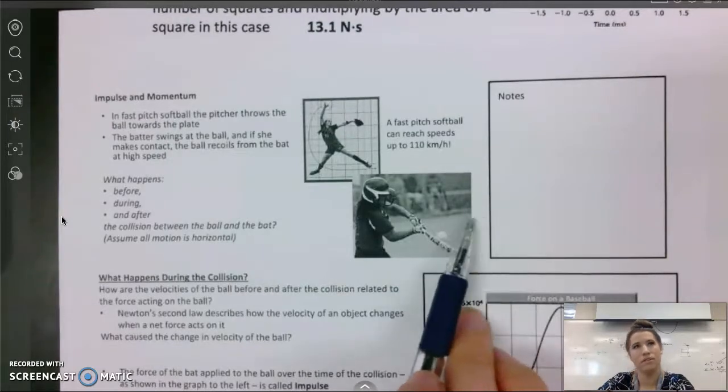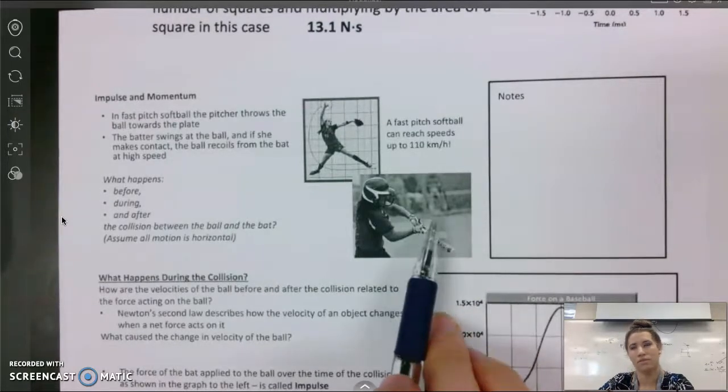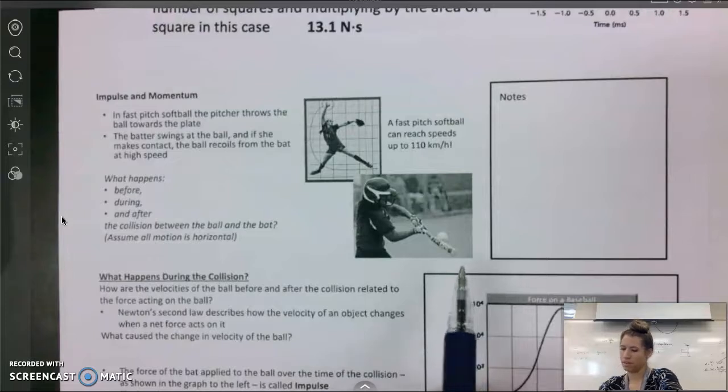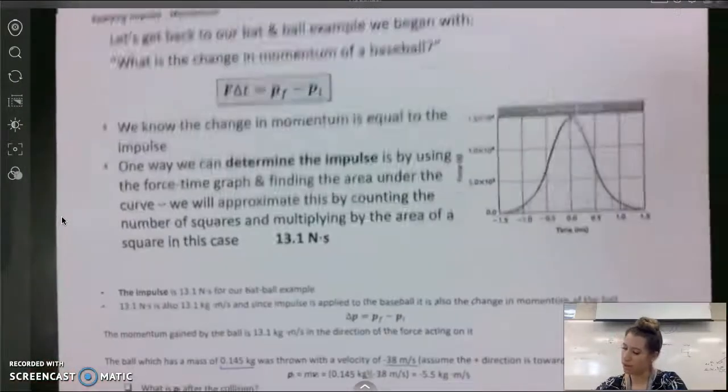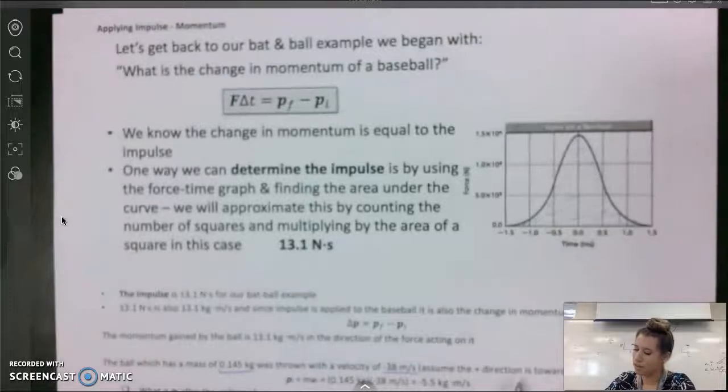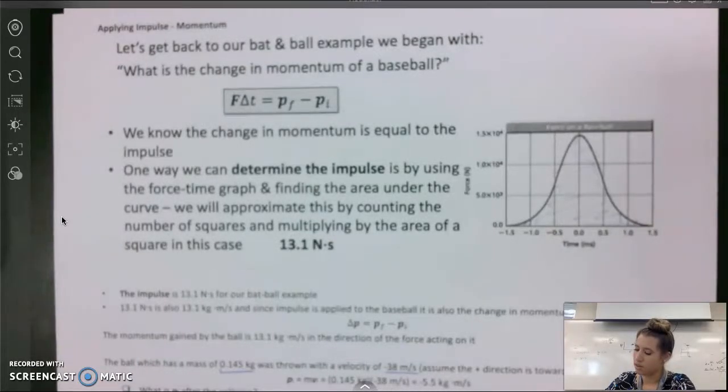Let's draw that, because it might be different than the picture really quick. Let me think. So we have negative 38, assuming positive direction is towards the pitcher.